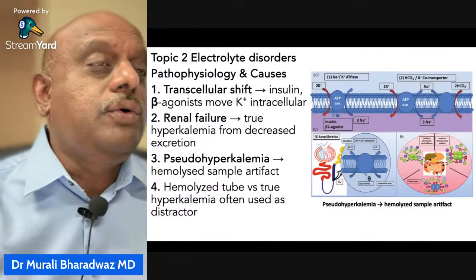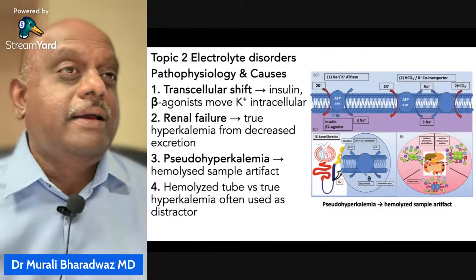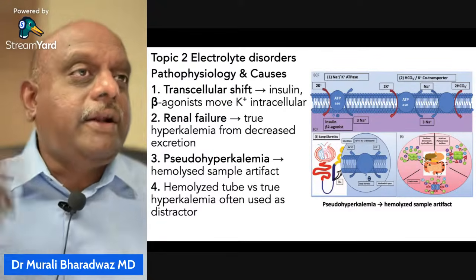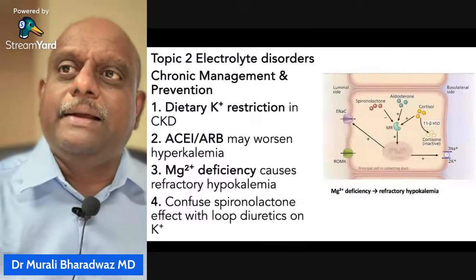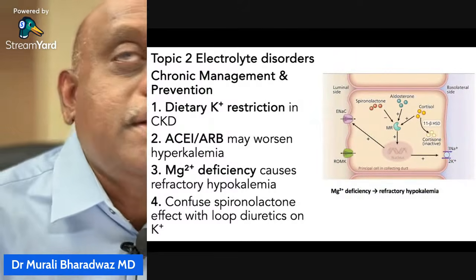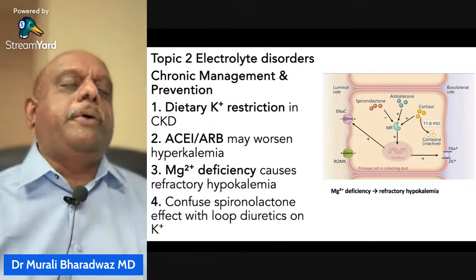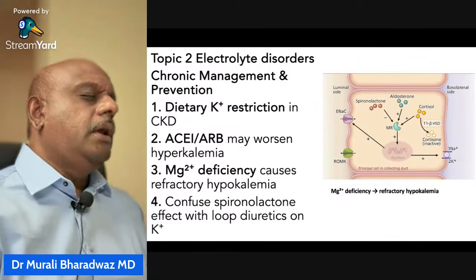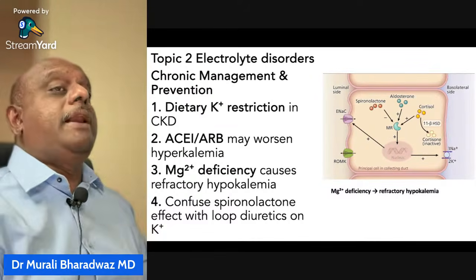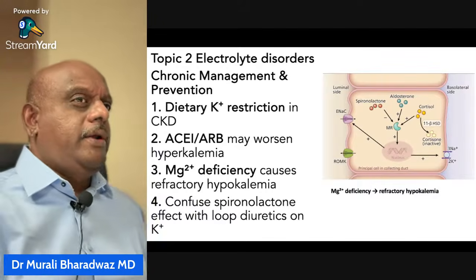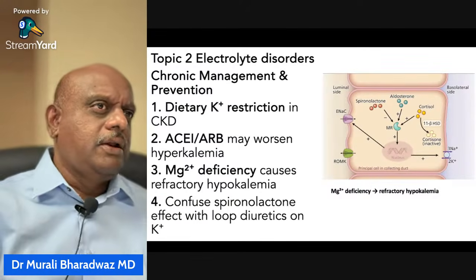Renal failure leads to hyperkalemia. Hemolyzed sample leads to pseudo-hyperkalemia. So these are the points frequently tested. Right, doctor? And another important point. What is the most common cause of hypokalemia in our intensive care unit, doctor? Lot of times.